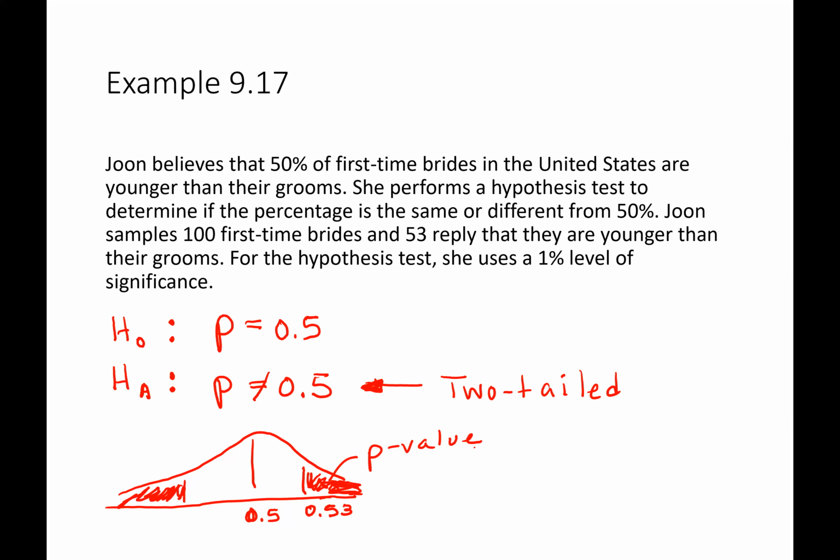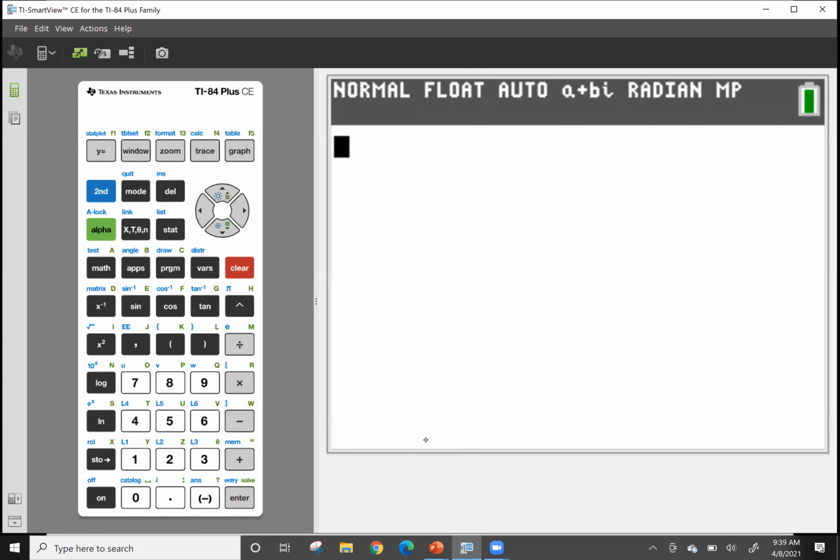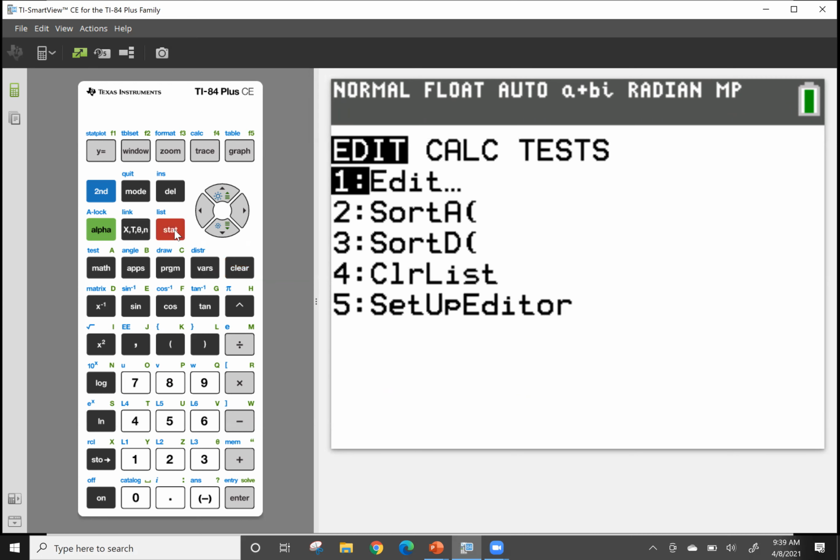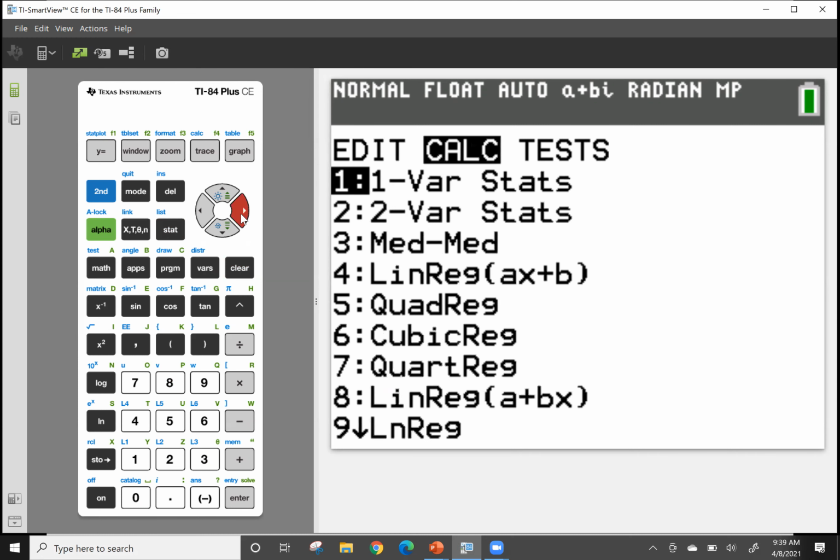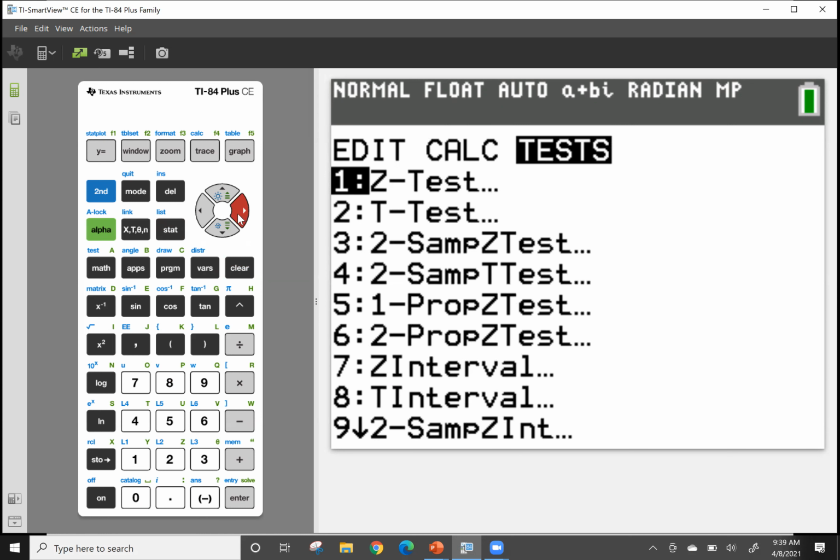So what we're going to do, we're going to go to our calculator. And in our calculator, we're going to go to our stat menu. Does everybody have a calculator? Does anybody want to borrow one? And we're going to go over to tests. And then we're going to scroll through.